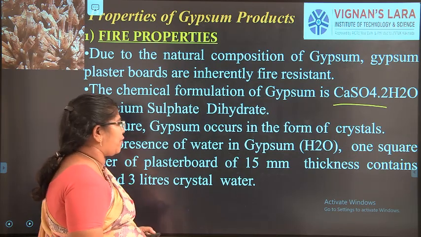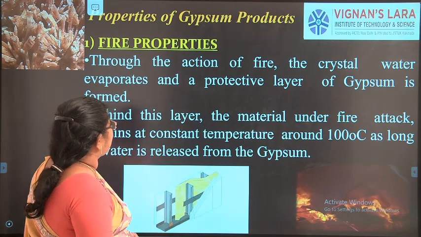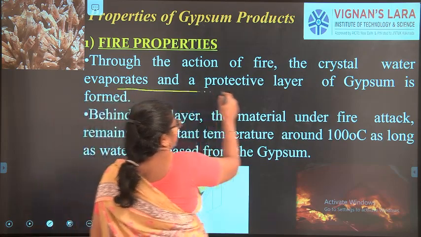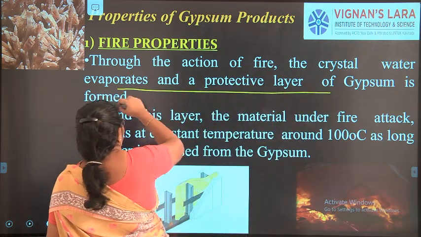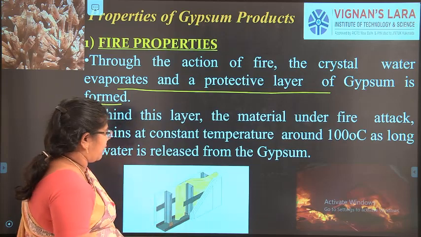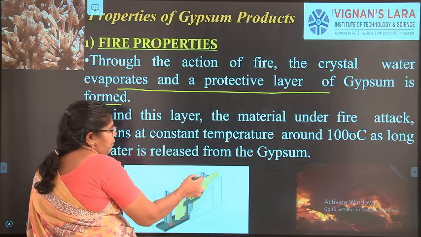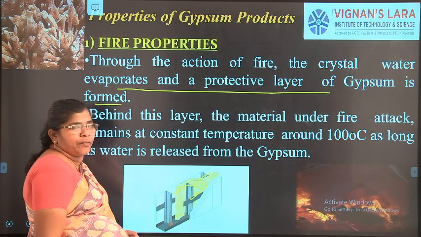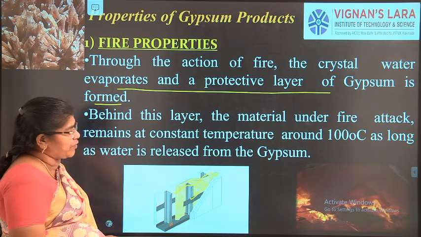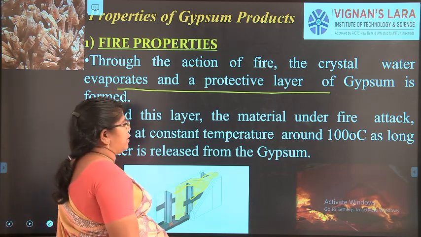It will not allow the fire to pass. You can see the crystal water evaporates and a protective layer of gypsum is formed, which will resist the fire. Even the board with the packing material is also found to be fire resistant.